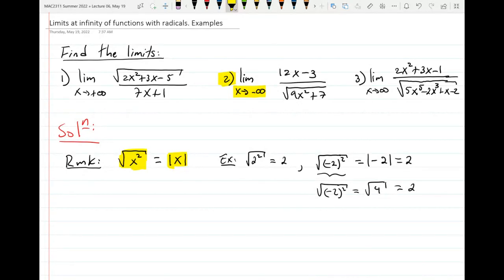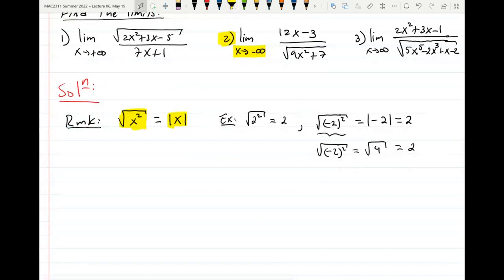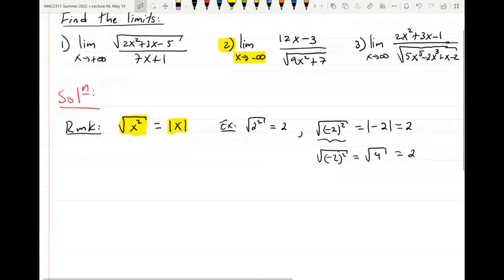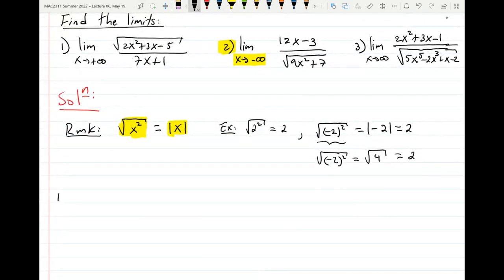When x approaches positive infinity, this is not really a concern because x is positive anyway, and when you do the square root of x squared, if x is positive, the answer will just be x, because the absolute value of x equals x in that case. But when x approaches negative infinity, it is negative, and therefore you have to be careful. All right, so let's go ahead and do the problems.